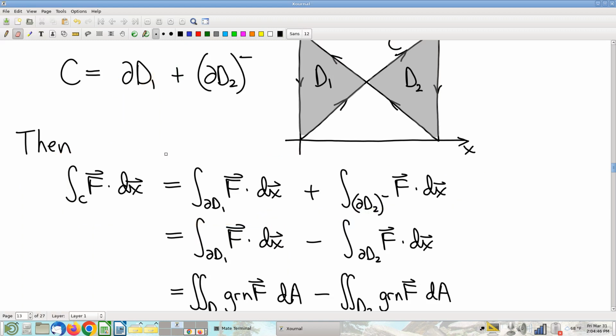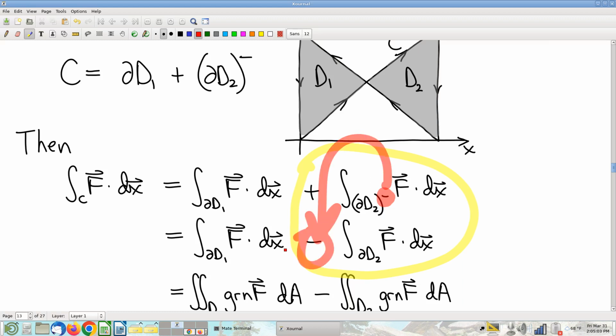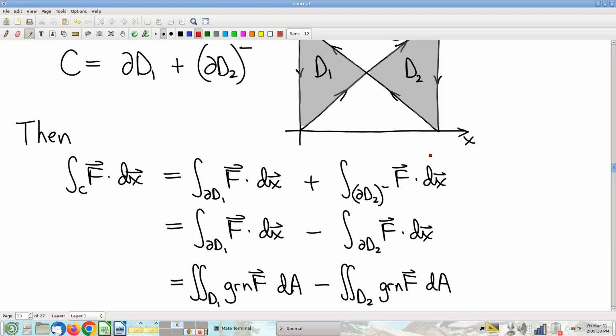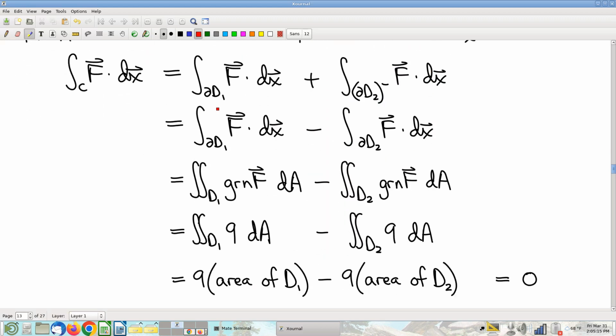Then I am going to go ahead after that and deal with this opposite orientation issue on the second half, if you will. The boundary of D2, of course, is oriented the wrong way, so I'm going to take that opposite orientation superscript, use that to justify putting this minus sign on the outside, and it's all over but the shouting at this point. So notice we have a boundary circulation, which I can rewrite with Green's theorem.